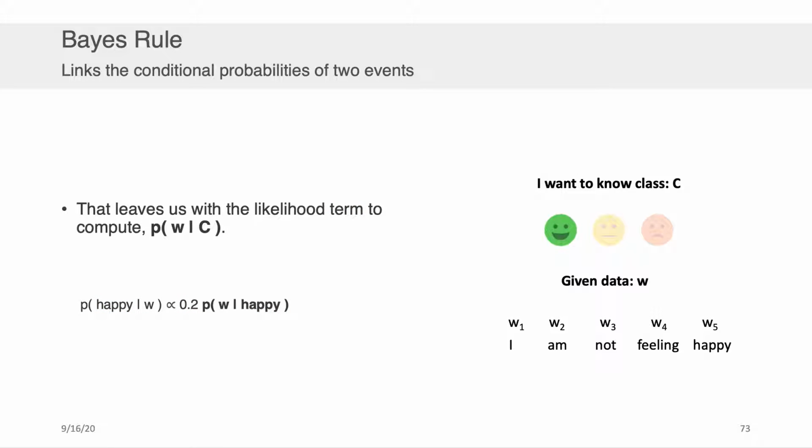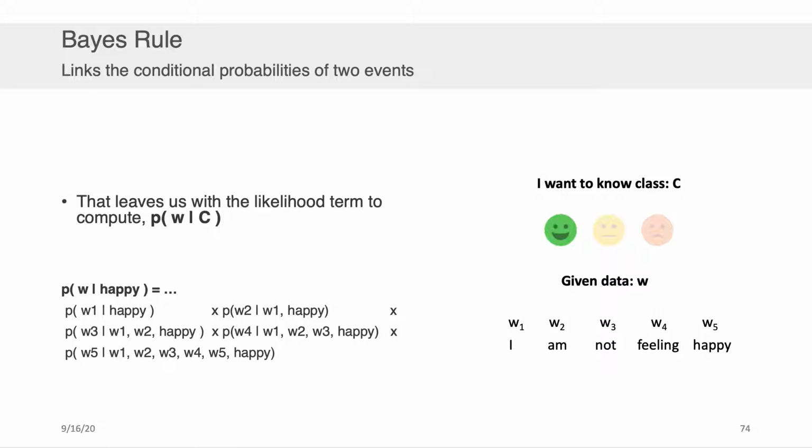Okay, so if we want to compute this whole equation so that we can finally get to the probability of this sentence being a happy one, all we need to do is figure out how we compute that likelihood. Well, you can recall from the very simple example that we did with word 1 and word 2 that you can expand out this probability in the following way.